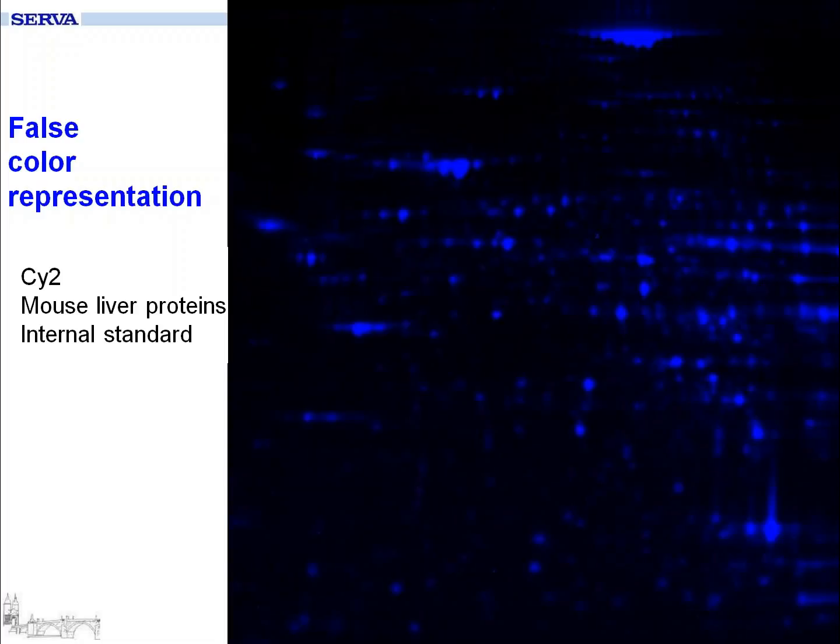Afterwards, you do an overlay of these 3 pictures, and you get such an appearance here, where white would be spots where all the 3 colors are present. So these would be the spots you are not so much interested in because they are equal in your untreated sample and your treated sample. But very important would be the red and the green colored ones.